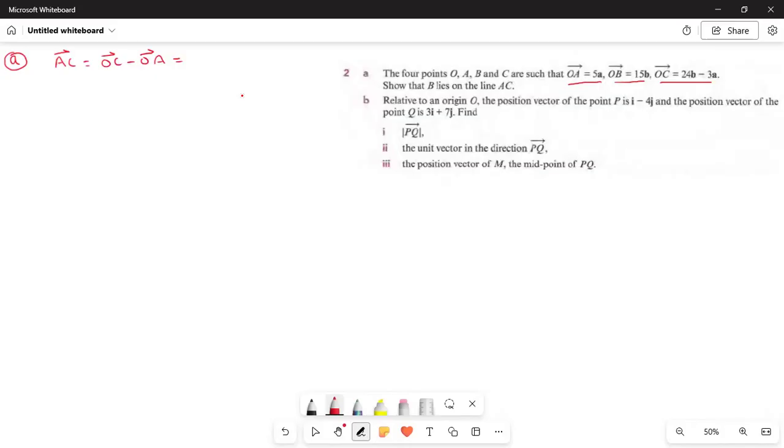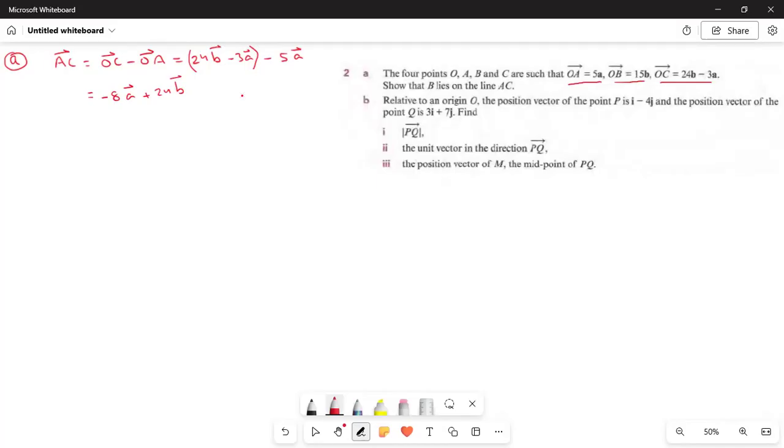OC is given as 24B minus 3A, and minus OA, which is 5A. So this can be simplified as minus 8A plus 24B.